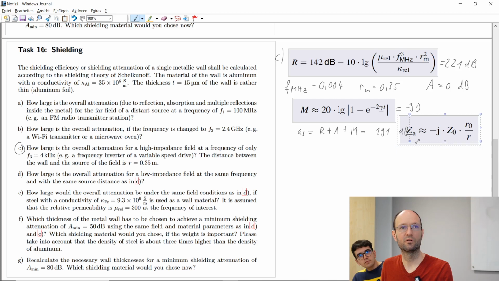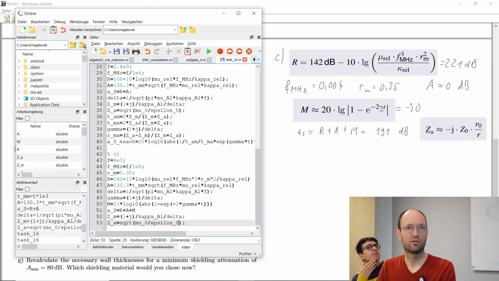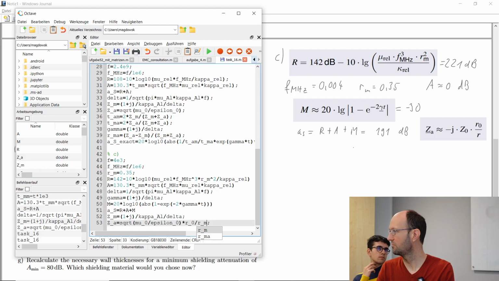Paste it somewhere here. So now we need to have this formula. And the term that we have, square root of mu divided by epsilon, this is the Z0. So now we need to multiply this with R0 divided by the source distance R. And there I can use also Rm because it's in meter. Yeah, and we could also take into account the minus J term, but I think at the end this might not make a huge difference.